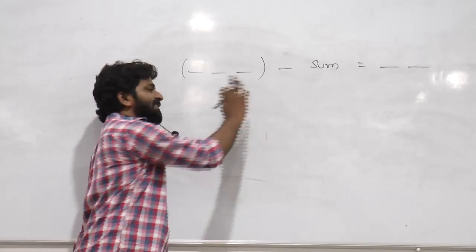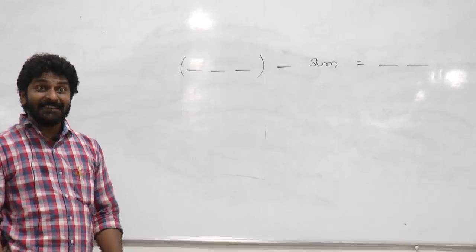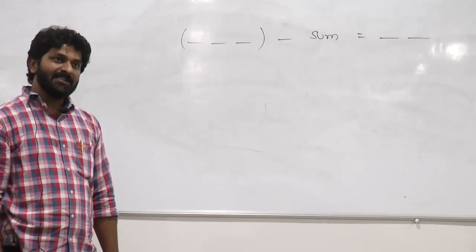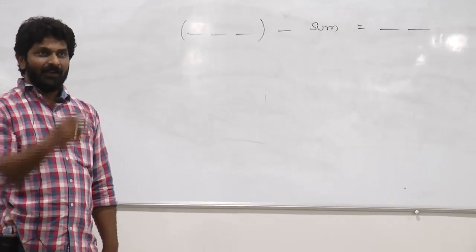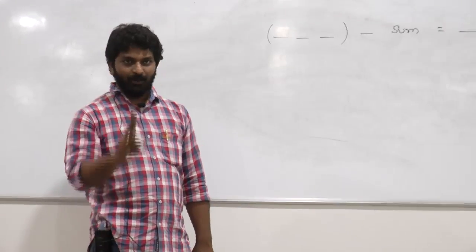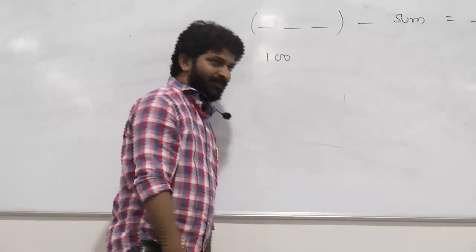Tell me, what is the least 3-digit number? Least 3-digit number is 100. Okay. What is the sum of digits? 1. If you subtract 1 from 100, how many digits will you get? 2-digit number. So the least number is satisfied.